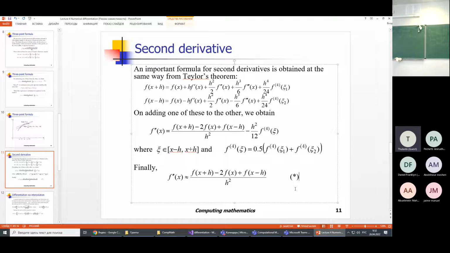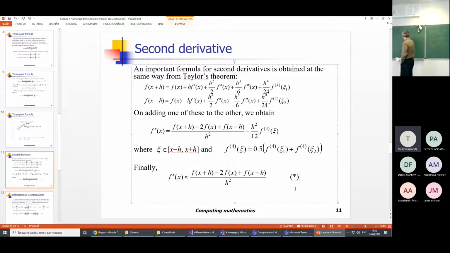But don't overlook the formula: not h, but h in square. 0.1 in square, h square equals 0.01. Don't forget to raise h to the square.